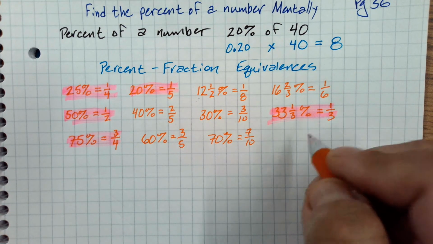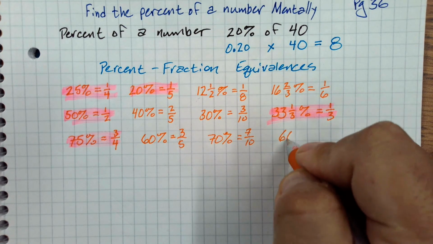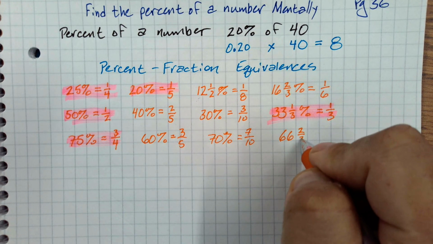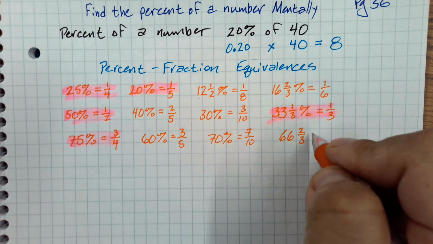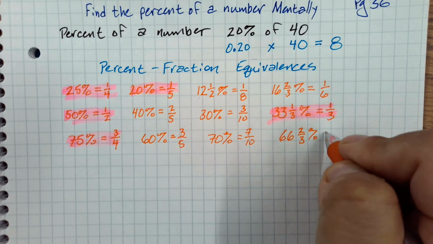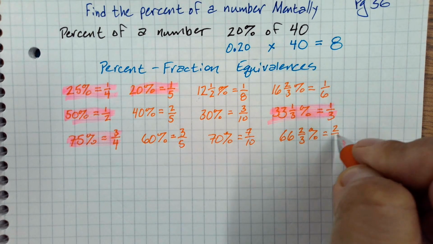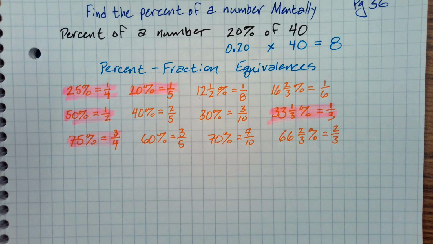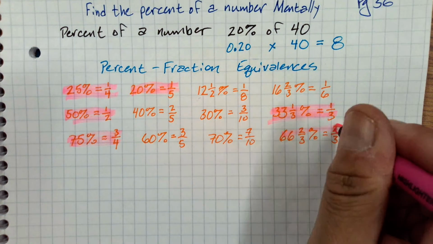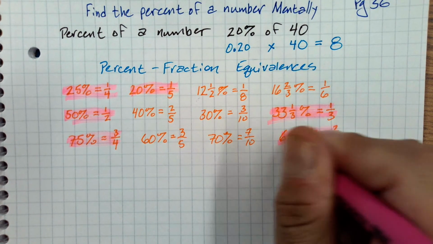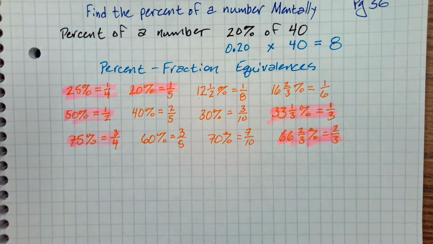Which other one? 66 and 2/3%. That is 2/3 off. That one's another popular one. So if something's reduced by 2/3, it's reduced by 66 and 2/3. Okay.